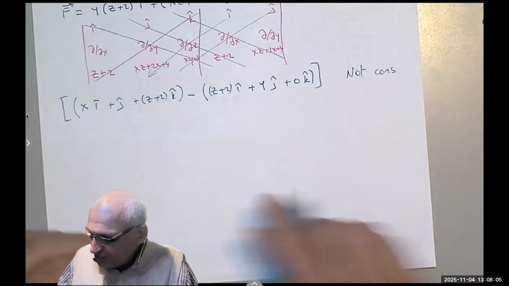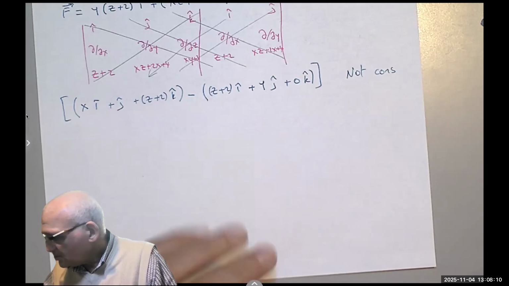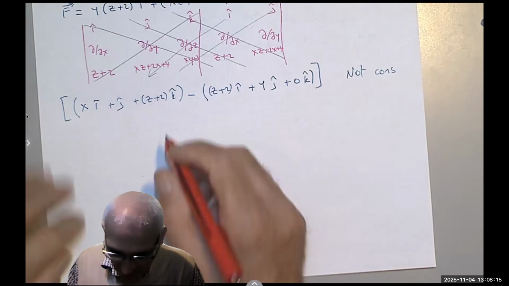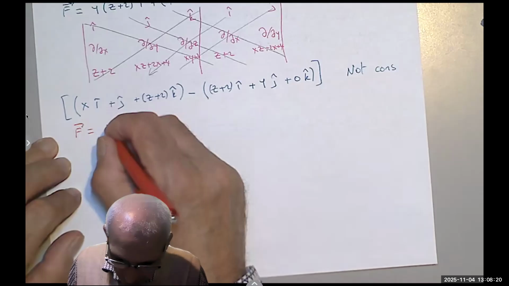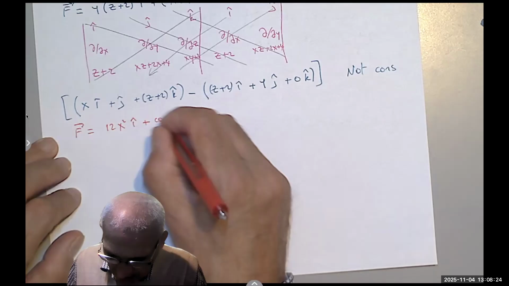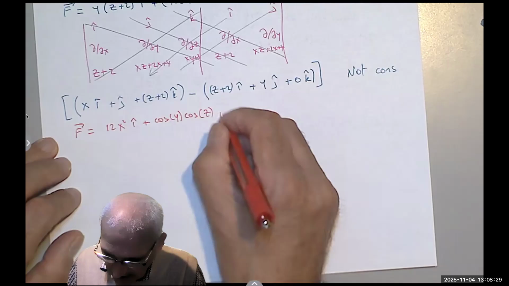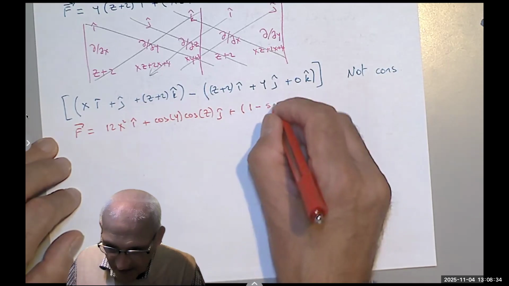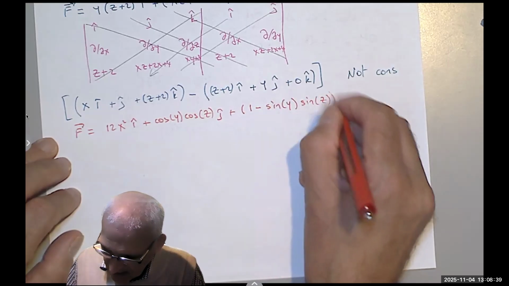Finally, we are going to take a third example, also in 3D. Let's take a different color. Okay. F in this case is 12x squared i plus cos y cos z j plus 1 minus sine y sine z k.